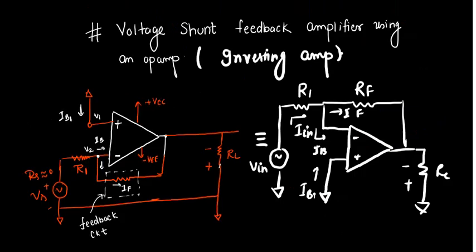What is our aim? When we solve this example, we have seen that we need to find out this quantity. Correct? And it is given that since it is an emitter follower, voltage follower, AF should be equal to 1.